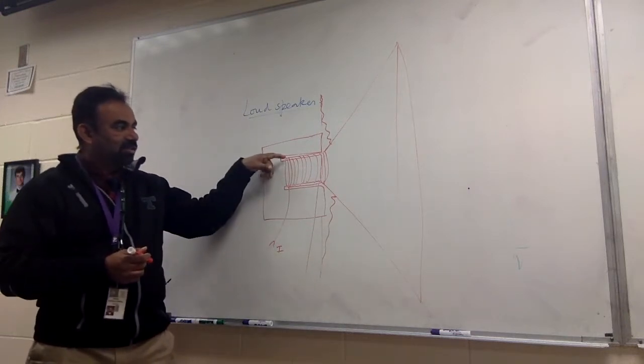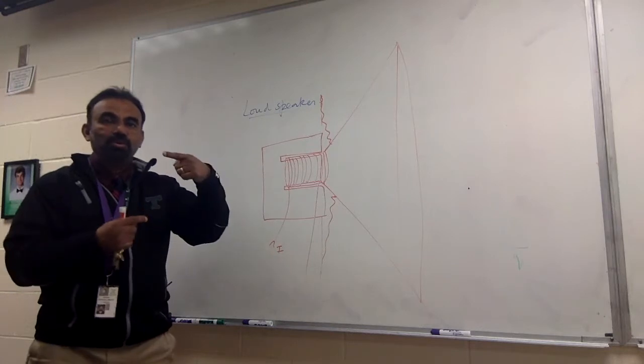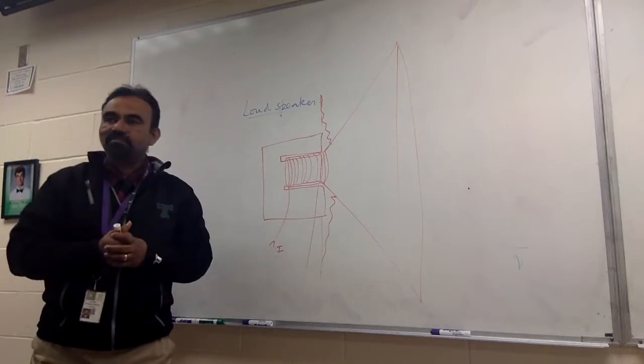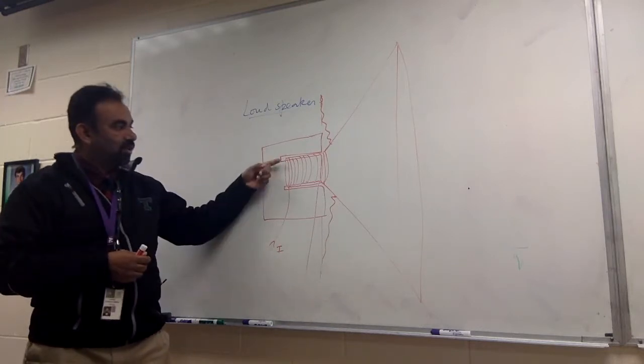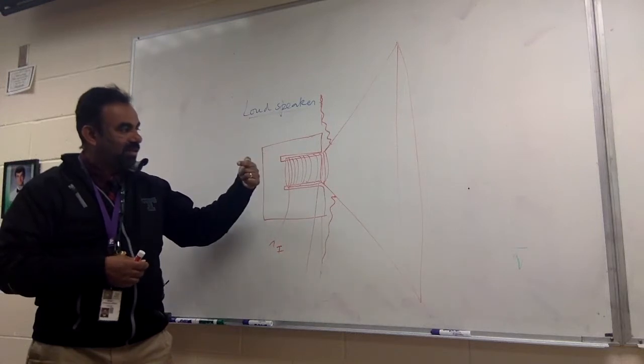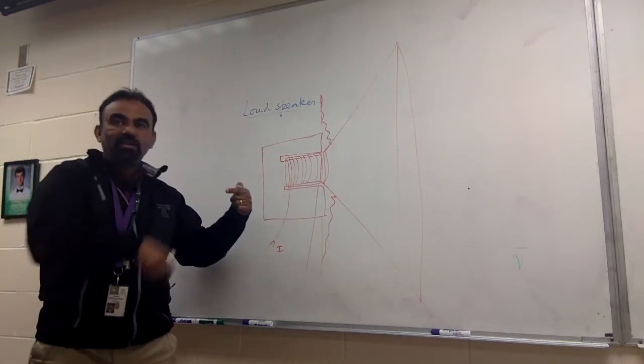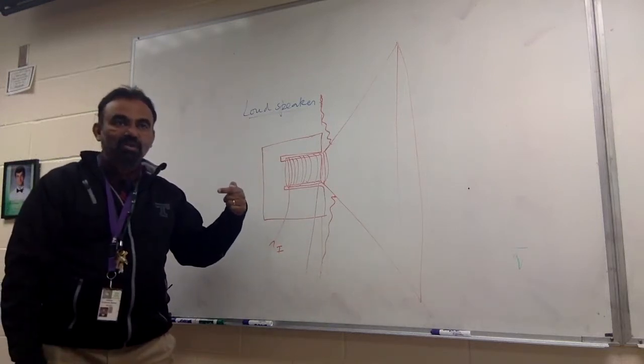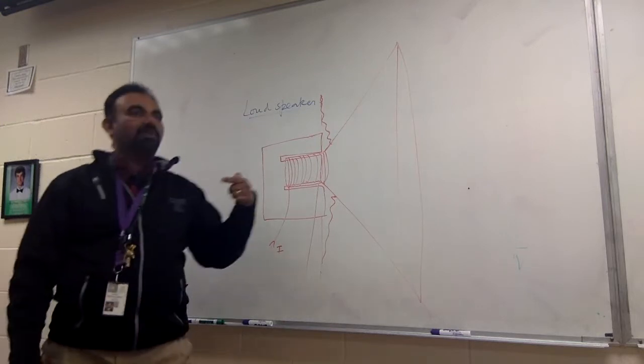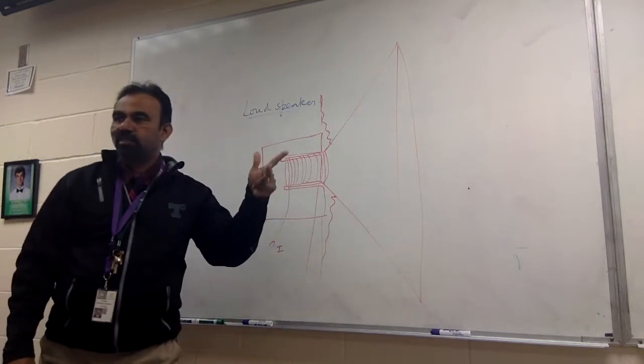And when the current is going through the coils, there's a magnetic field. So the current is going that way, and the magnetic field is down this way. So what will happen to the coil itself? It will experience a force that way. You get it?